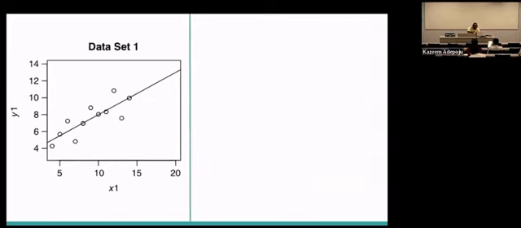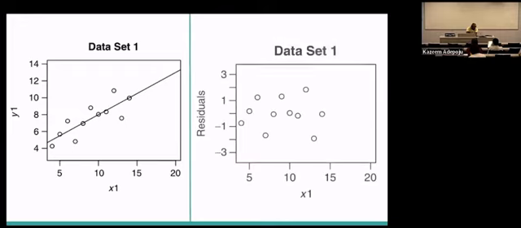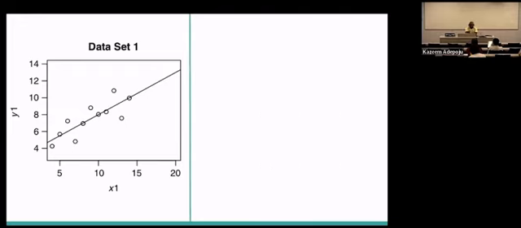Now, I want to focus on data set 1. This is what happens, and I need you to pay attention. If you don't understand what I'm presenting, please ask questions. There's something that we do before we go into research that I'm going to call the preliminary step.